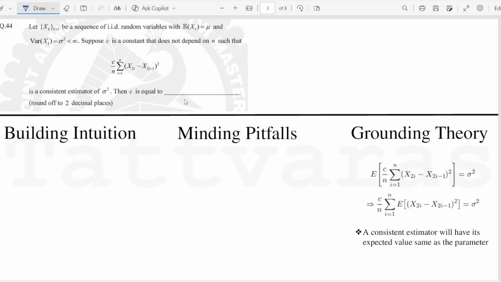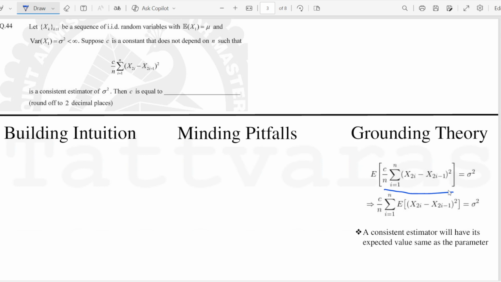Okay, let's start with theory. It's essentially the linkage between consistency and expectation. And it's simple. Whatever estimator it is, if it is consistent, its expectation must be going to the parameter.